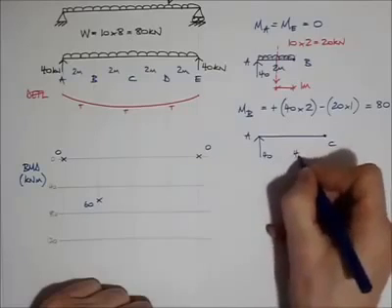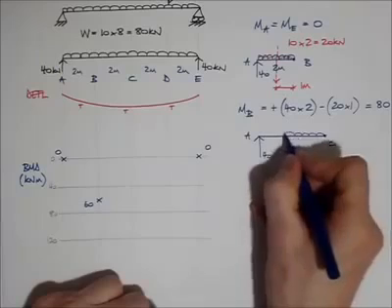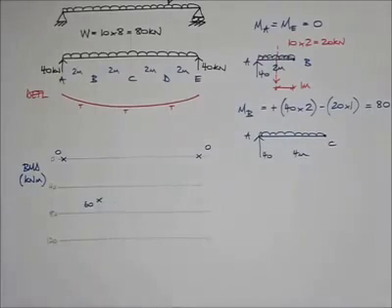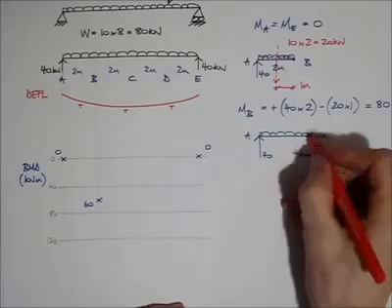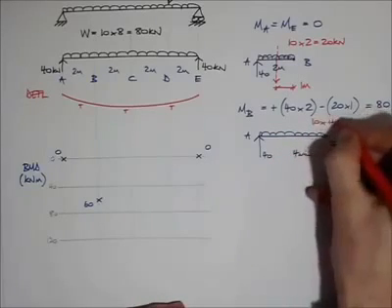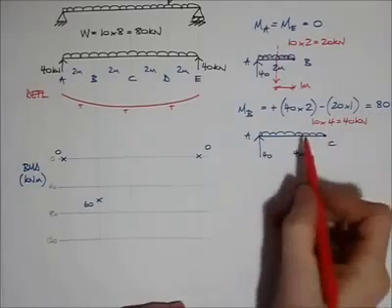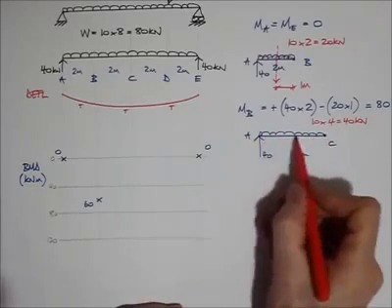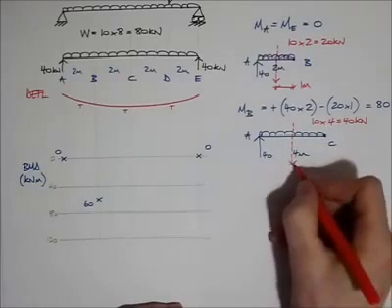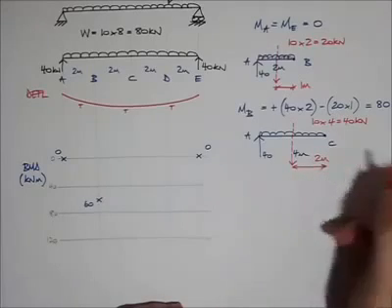That distance is 4 meters away, and it's got a UDL acting on top of the beam. I calculate that UDL is 10 kilonewtons a meter run times 4 meters, which is 40 kilonewtons. That's good. And the UDL is acting at its centre, so I reckon that is a distance of 2 meters from point C.